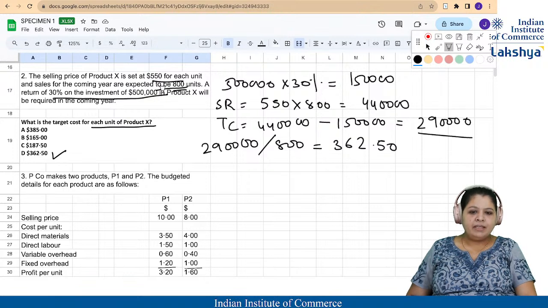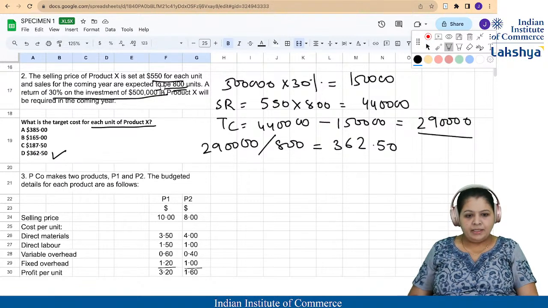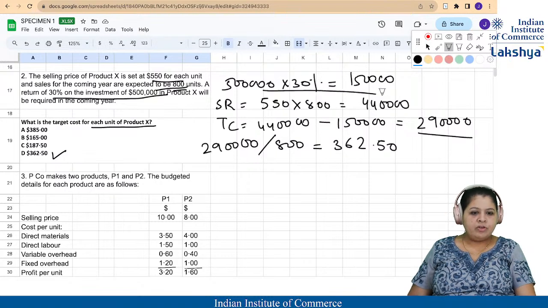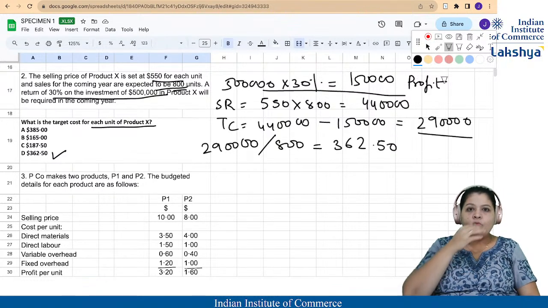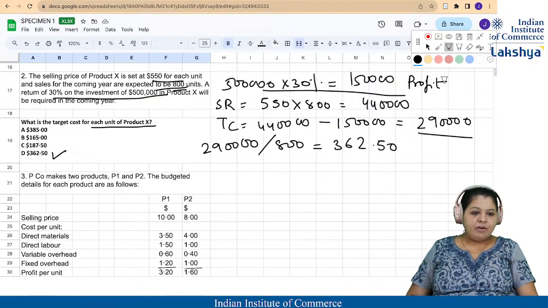That means your profit. This value you have taken out is your return on investment. In other terms, it is your profit. So if I want to find out my cost, I need to deduct the profit from my sales revenue. That is what I have done and found out my total cost to be 2,90,000.